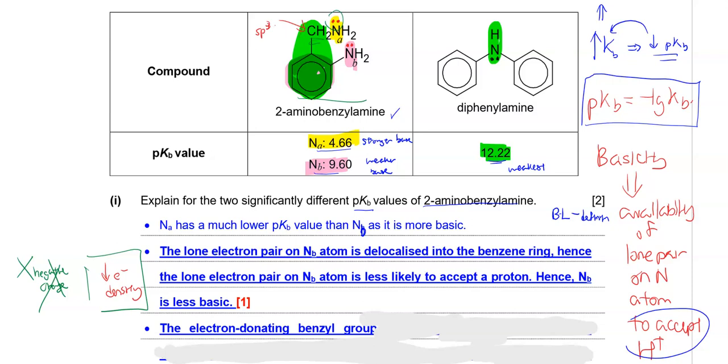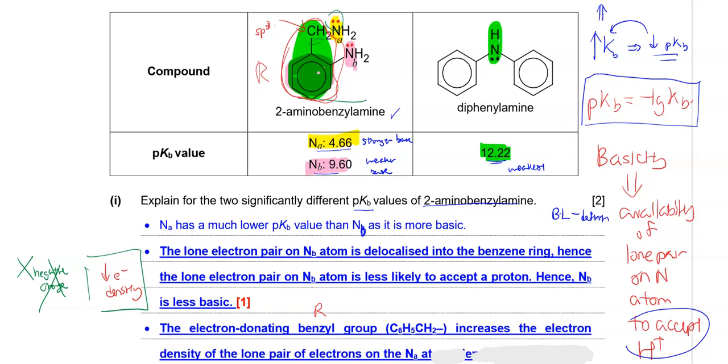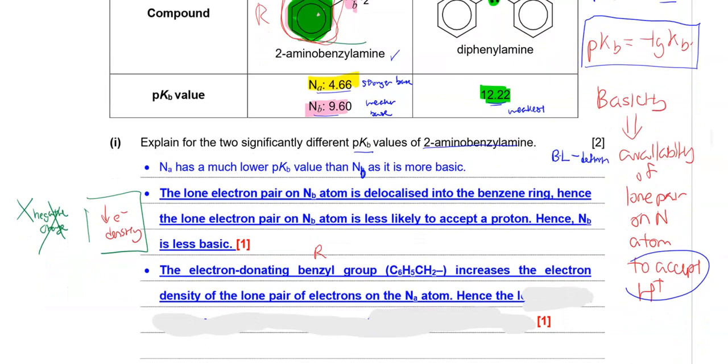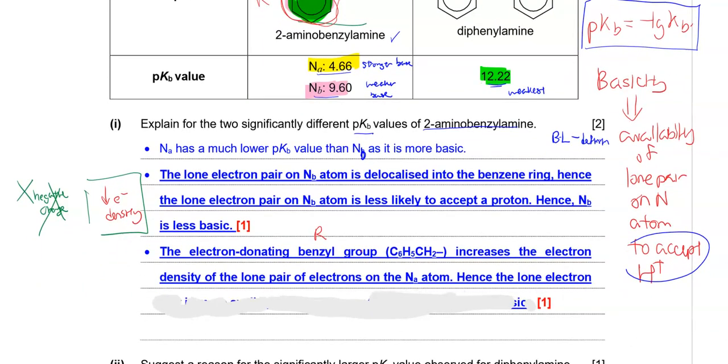So in this case, we treat this as a big R group, and R groups are electron donating groups. If you don't know this is called a benzyl group, you can just call this an R group. This R group includes CH2NH2, which increases the electron density of the lone pair on the Na atom, and therefore the lone pair on N is more available to accept a proton, and therefore Na is more basic.